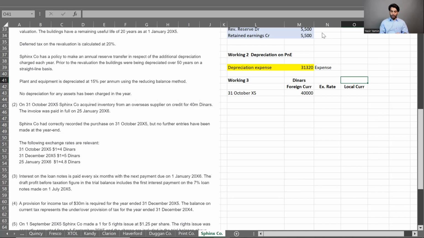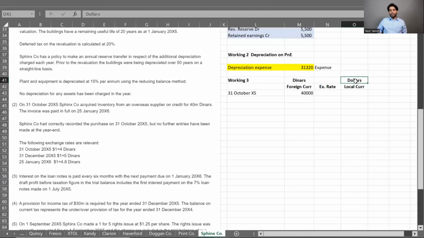Now, if you bought something in dinars and you prepare your financial statements in the local currency of dollars, you cannot make an accounting entry, inventory debit, accounts payable credit in dinars in the books of accounts that you prepare in dollars. Make sense?